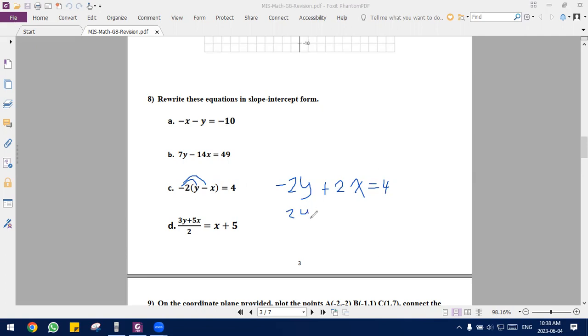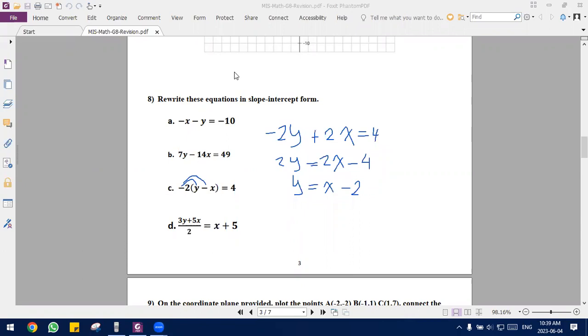So 2y equals 2x, and then that 4 comes to the other side and becomes minus 4. Now again, I don't need 2y, I need only 1y. So we divide by 2. y equals x minus 2.